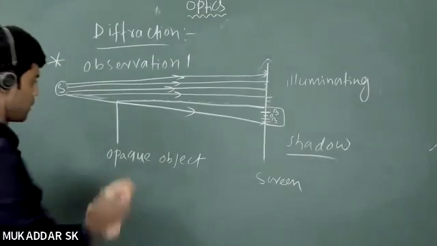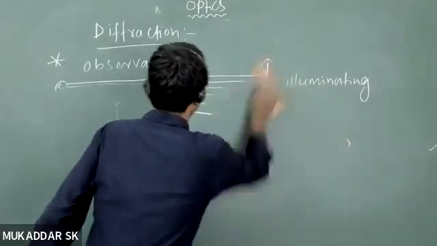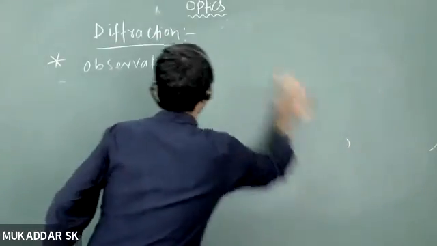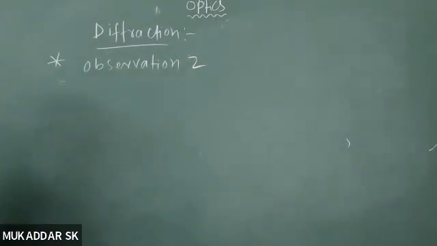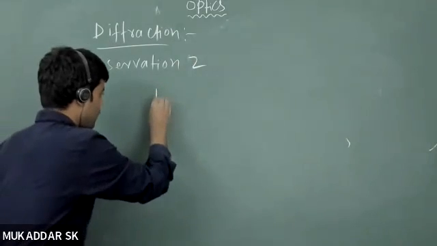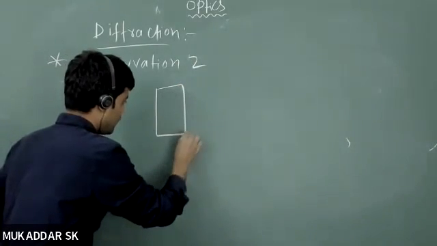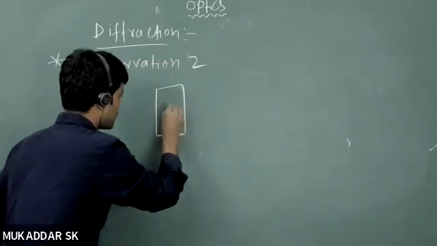Okay. Then you have another observation, that is observation number 2. So suppose you have a plate. In a plate, you have a small size circular aperture.